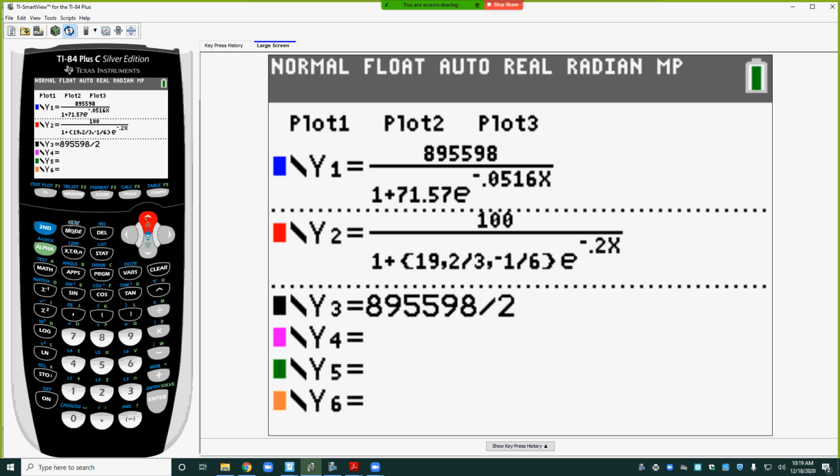I did 100 divided by 1 plus C, but I put those three C values in brackets separated by commas. There's a trade-off. The trade-off is we don't get to see three different pretty colors. Sadly, it's all the same color.